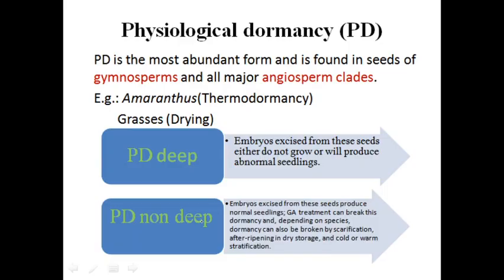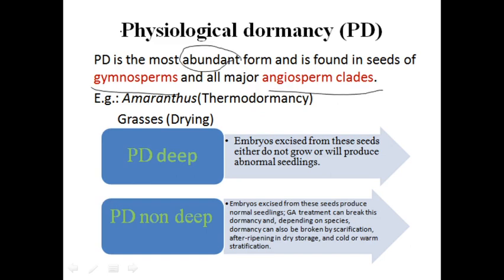First, physiological dormancy. This is the most abundant form and it is found majorly in the seeds of gymnosperms and major angiosperm clades.